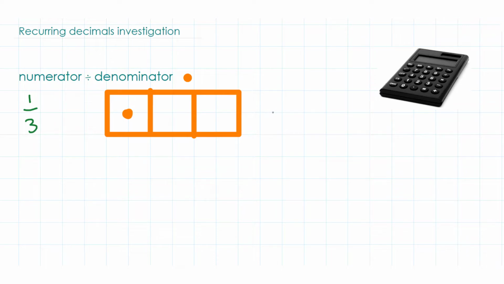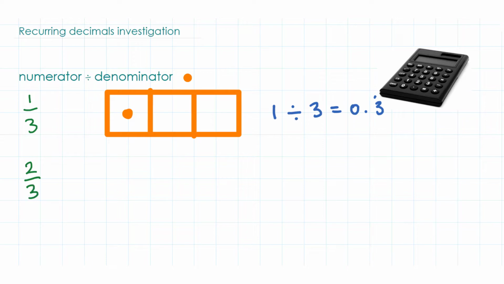So to find a third, you can take a whole, that's 1, and divide by 3. And if you put that into your calculator, you'll get a response of 0.33333333, or you can put a dot above the 3, so 0.3 recurring. So hopefully that makes sense.